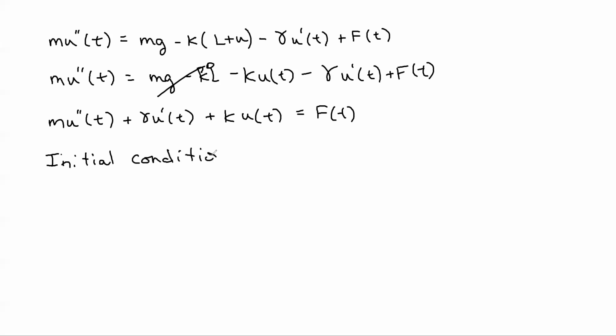So we take U at position 0, we call that U naught. So that could be the amount of initial displacement from equilibrium. So if you pulled the mass down and then let it go, or pushed it up.